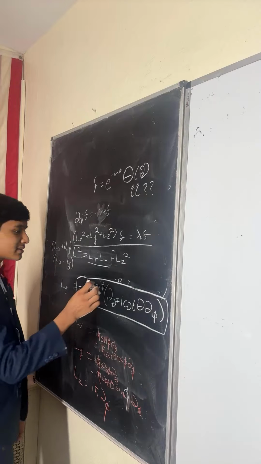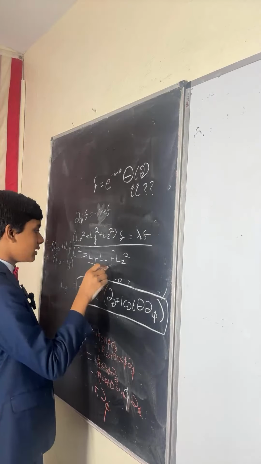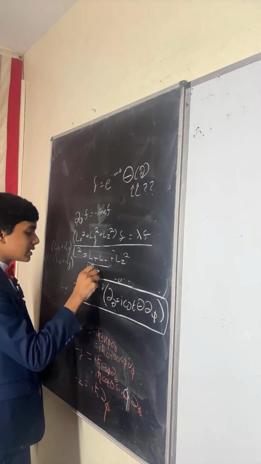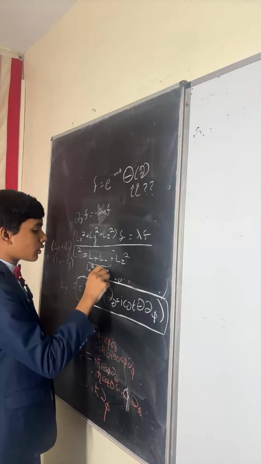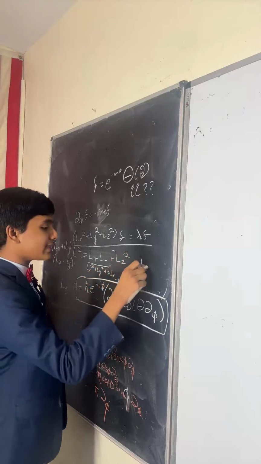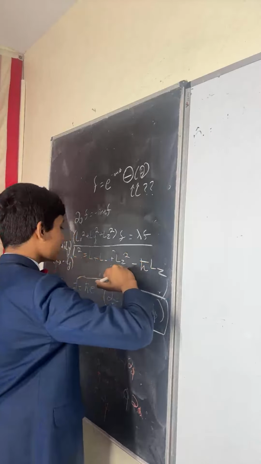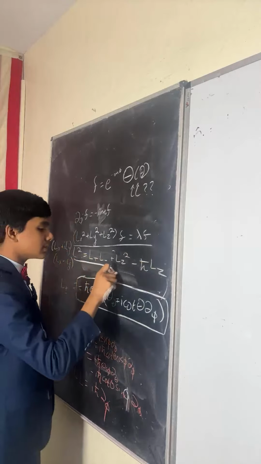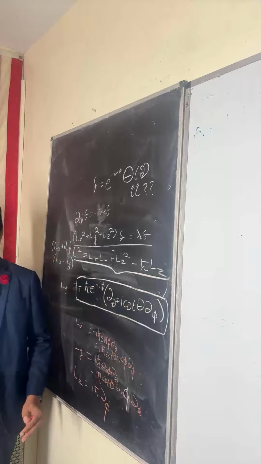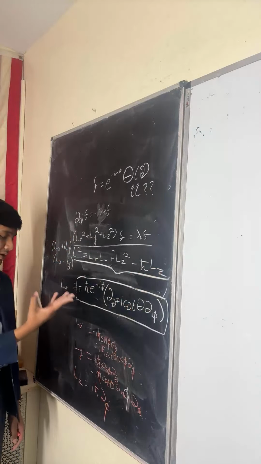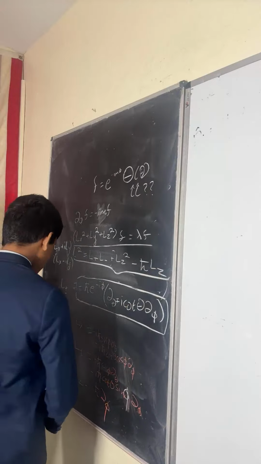Which means that this is actually more like Lx squared plus Ly squared plus ħ Lz. Which means you have to add this guy to compensate for it. And there we go. This is L squared. That's at least a little bit more manageable than whatever that is down below.